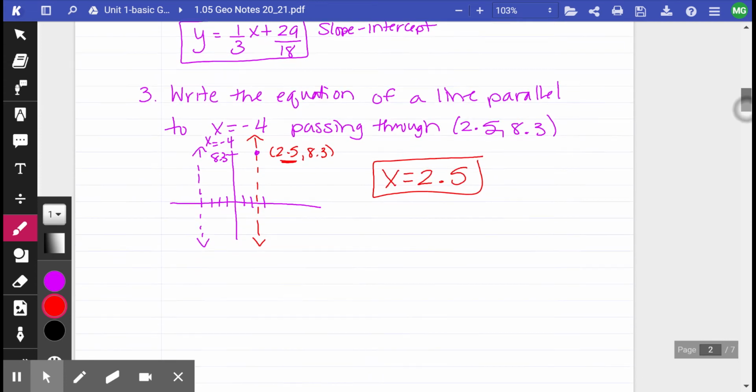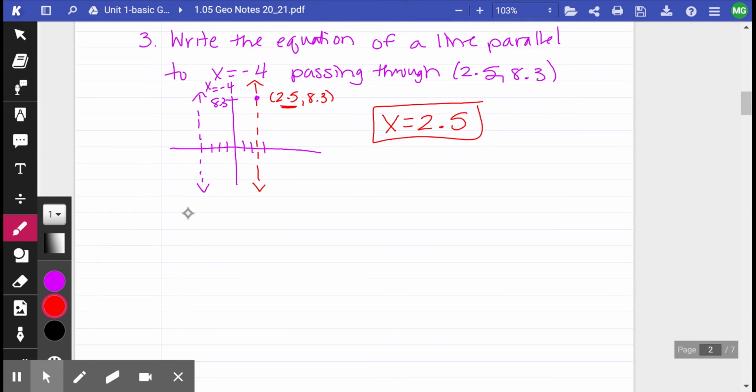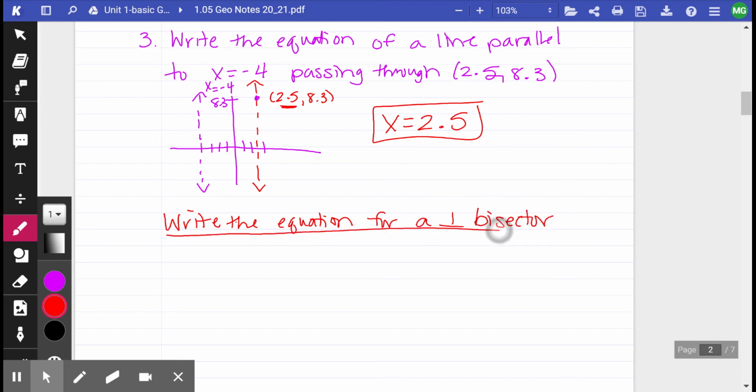Okay, so that's it for our review of writing equations of lines. Now we're going to get into the newer part, which is writing the equation for a perpendicular bisector. So perpendicular bisector, two words, we've got two main conclusions.